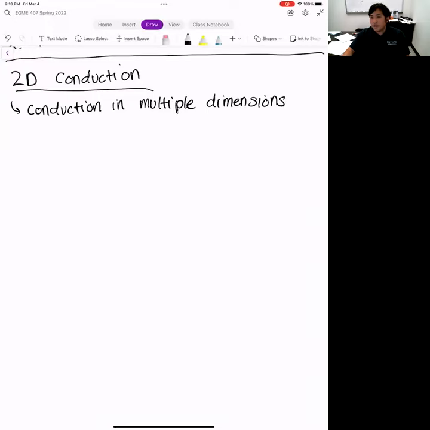So this is significant because up to this point of what we covered in the class, we had only covered just one-dimensional conduction, right? And by one-dimensional, I mean there's only one spatial component, okay? And so in multiple dimensions, that means we have conduction that happens in components that take more than one, okay?